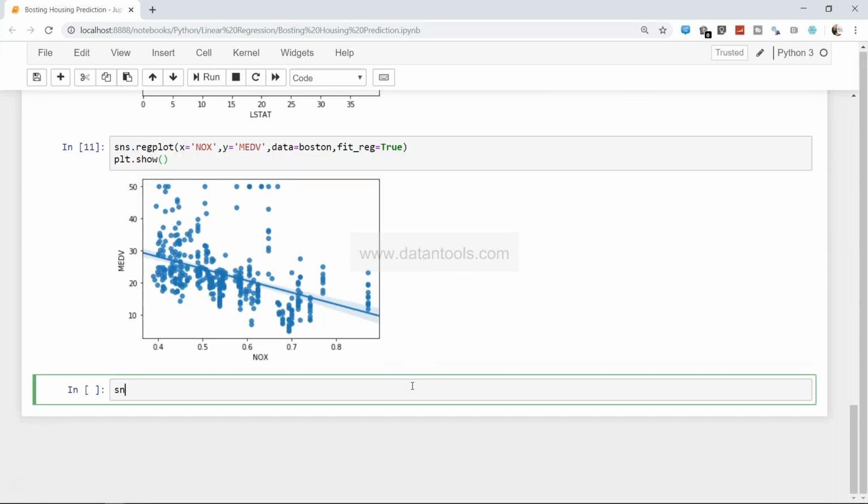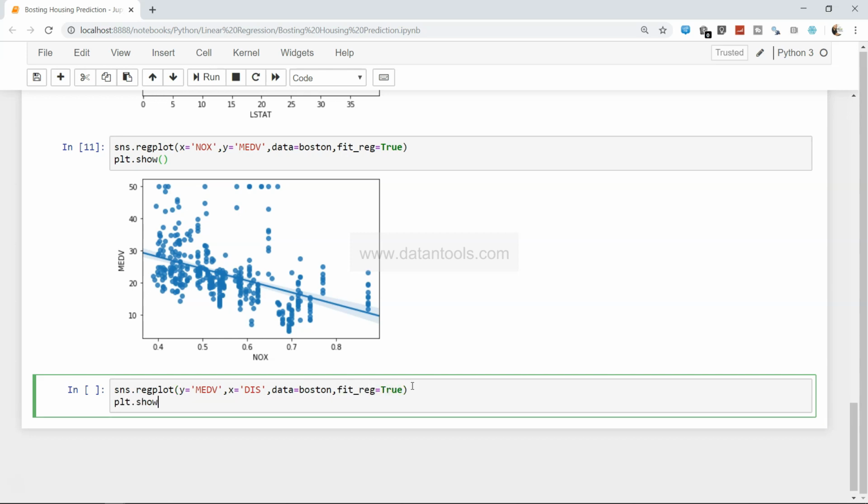So what we need is simple, again, reg plot, and within that we will use MEDV and x as DIS, then data equals Boston, and fit_reg equals True, plt.show.